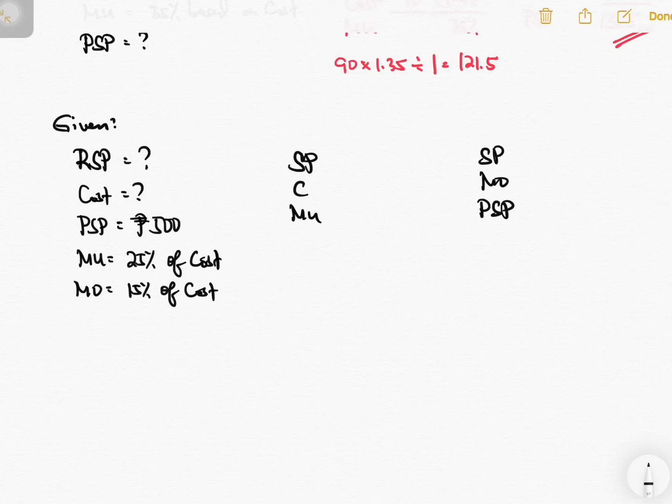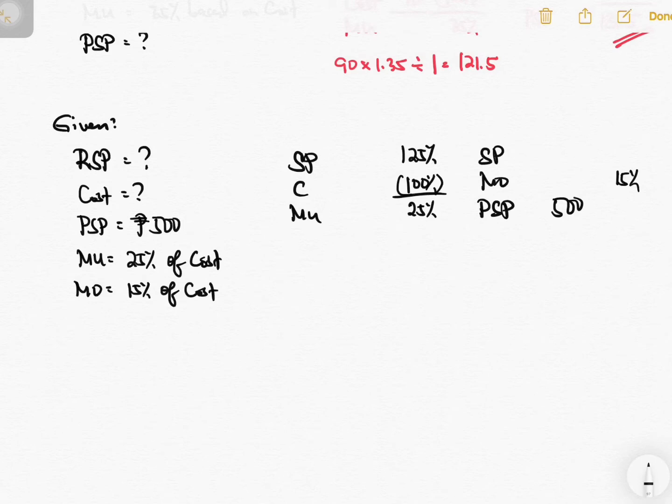And the peak selling price is 500. And then the markup is this part. It's 25% of cost. So this is 100%, making this 125%. And then mark-on, the basis is consistent. So you can write 15% here.